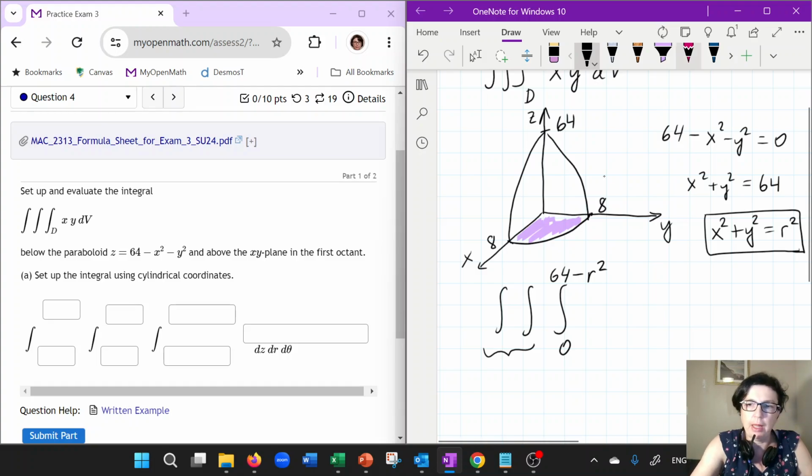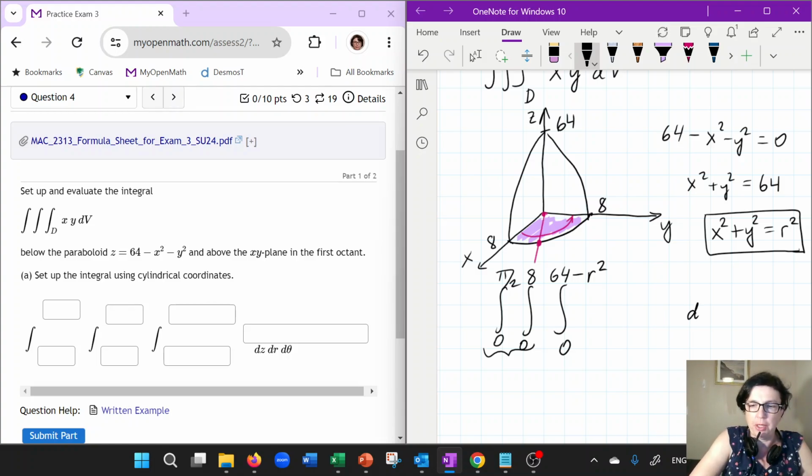If you fix an angle, how would the r change, the distance to the origin? Because this is a circle of radius 8, r is going to go from 0 to 8. And then the angle theta would be responsible for this rotation from 0 to pi over 2, right? Because this is just 1/4 of a circle, not the whole thing.